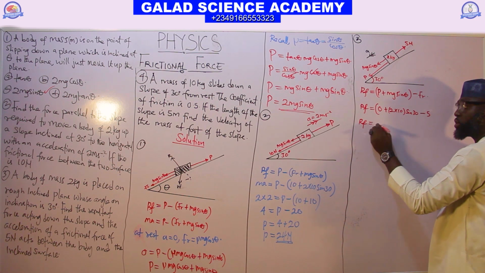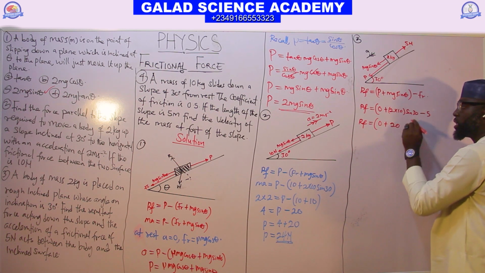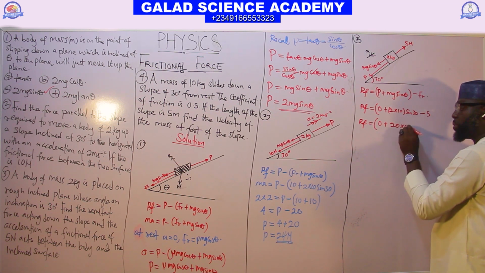So the resultant force is 0 plus 2 times 10, which gives 20, times sin 30, which is 0.5.